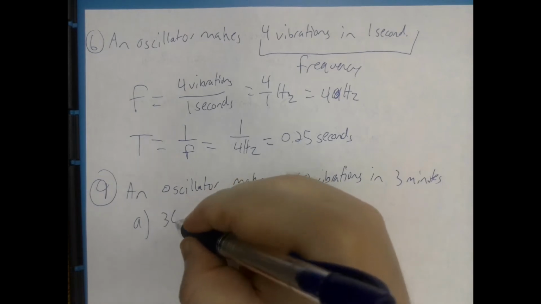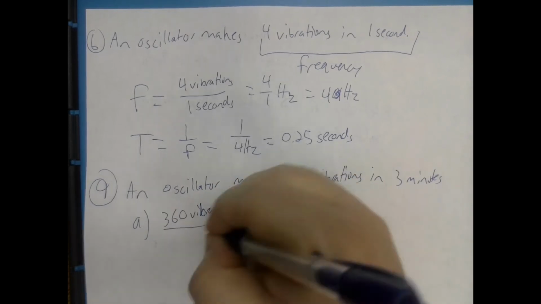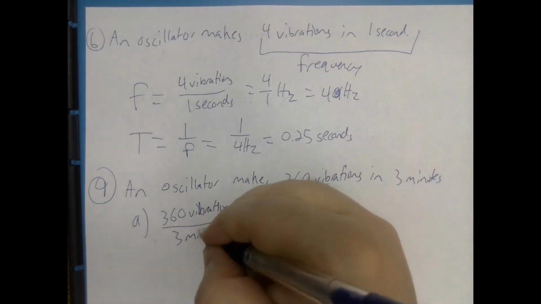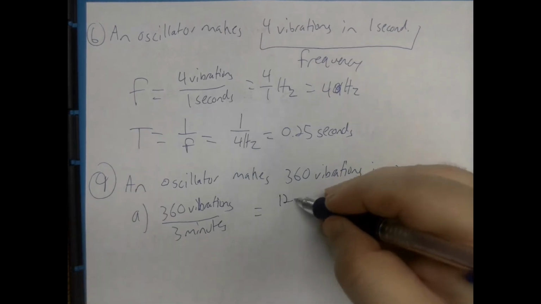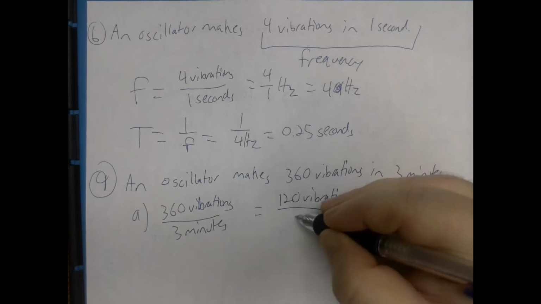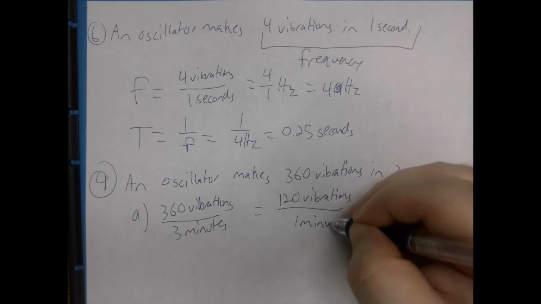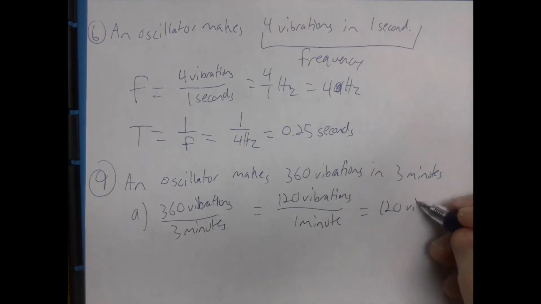Well, 360 vibrations divided by 3 minutes is 120 vibrations in 1 minute. So your answer is 120 vibrations.